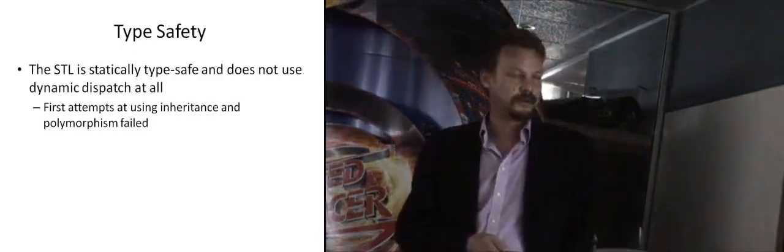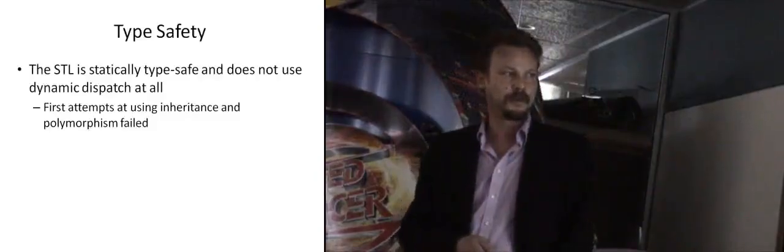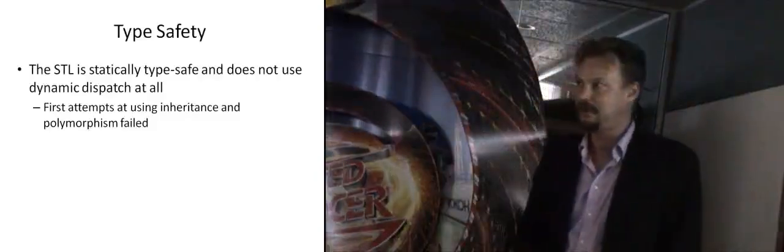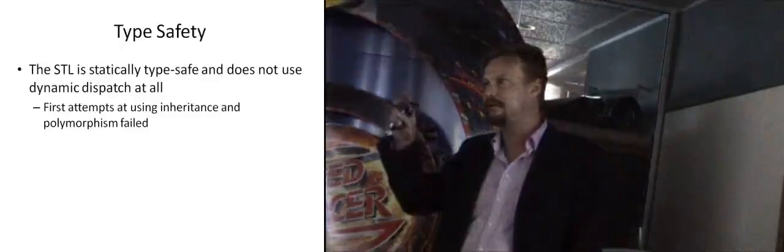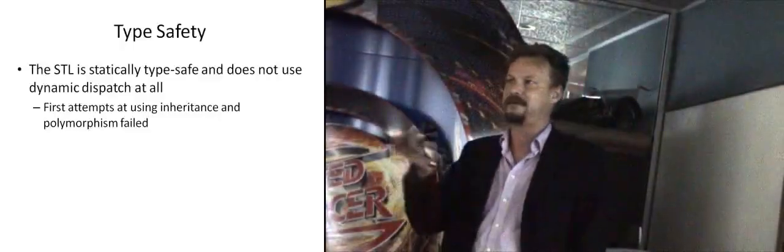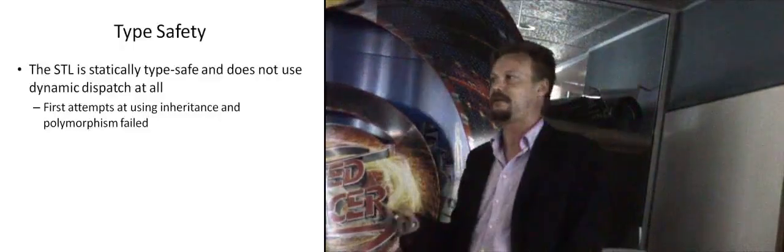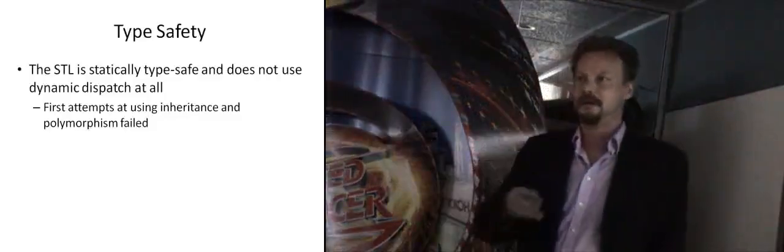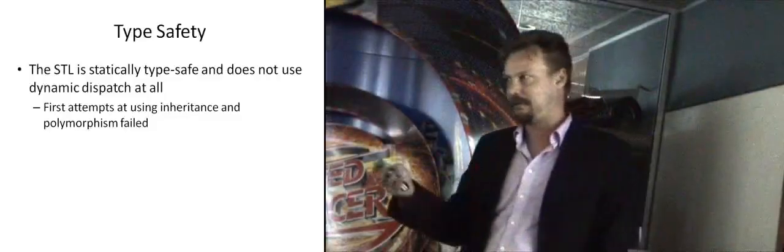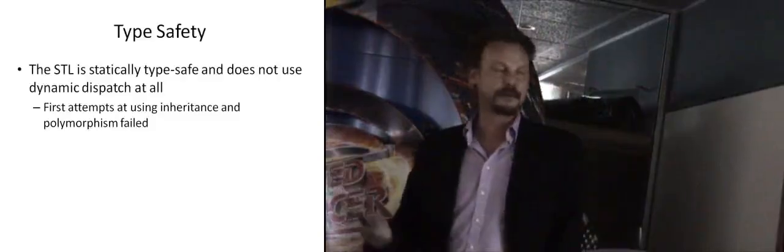STL was originally attempted to be implemented using traditional loop design, where you've got a base container type and you've got a specialized container type that derives from that base type, changes its behavior according to what adding and removing means.